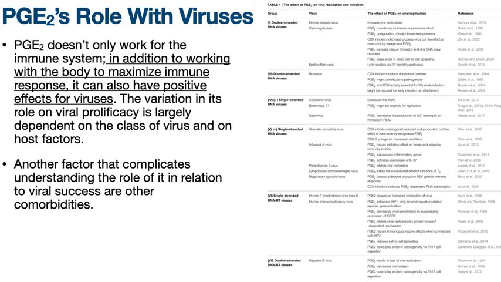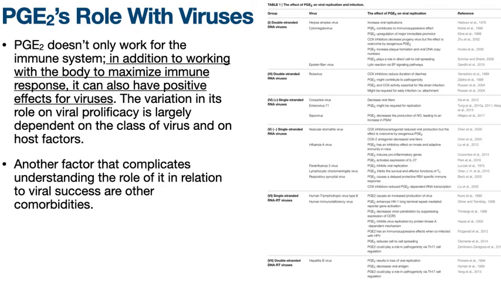And another factor that complicates our understanding of the role of PGE2 on viruses is comorbidities, because sometimes when there's multiple viruses or disorders going on, it can have altered effects. And so if you want to pause this just to look at it, that chart is actually really cool to look at how prostaglandin E2 can affect different viruses, such as human immunodeficiency virus, herpes virus, Epstein-Barr virus. It has a significant effect on them.